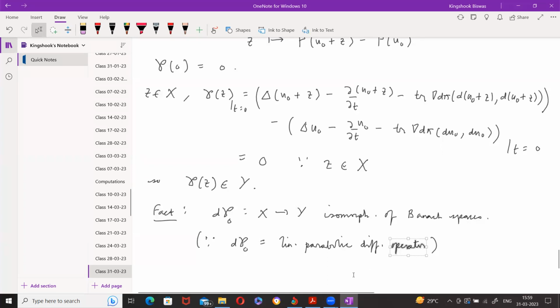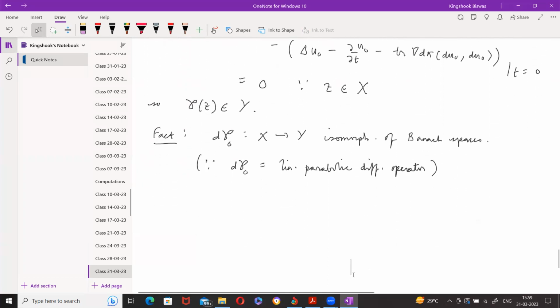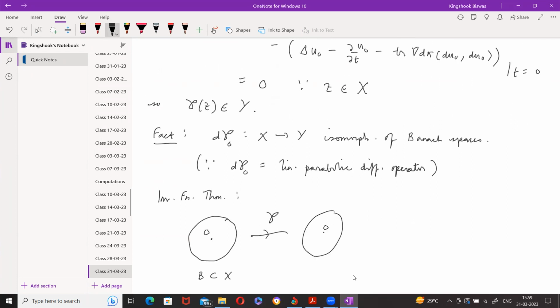So once you have that, that implies by the inverse function theorem that P maps a neighborhood of 0 in X onto a neighborhood of 0 in Y. This is by the inverse function theorem for Banach spaces.